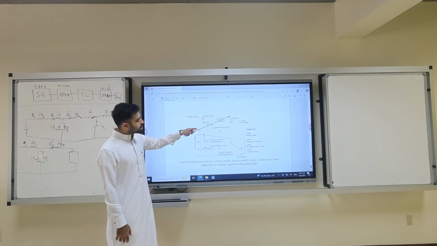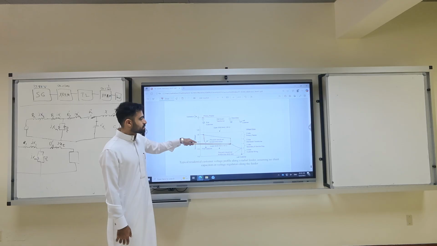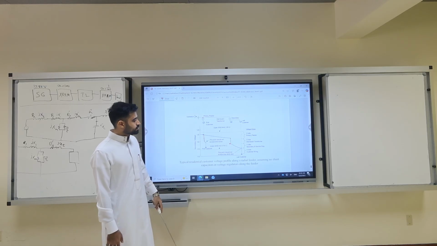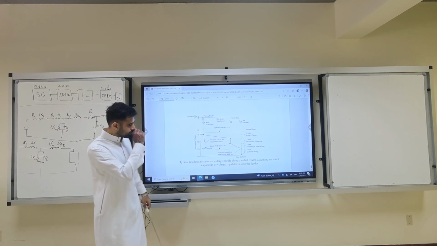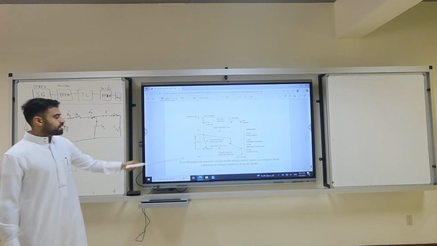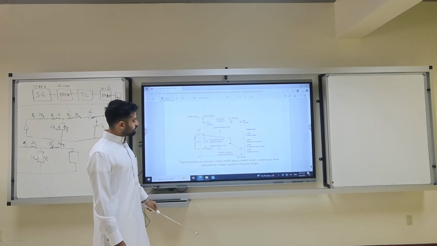If you go to the last customer, add the distribution transformer drop. This is the second. You'll find the second customer. Yes, this is here. It tells you here the first customer, put it in this circle.